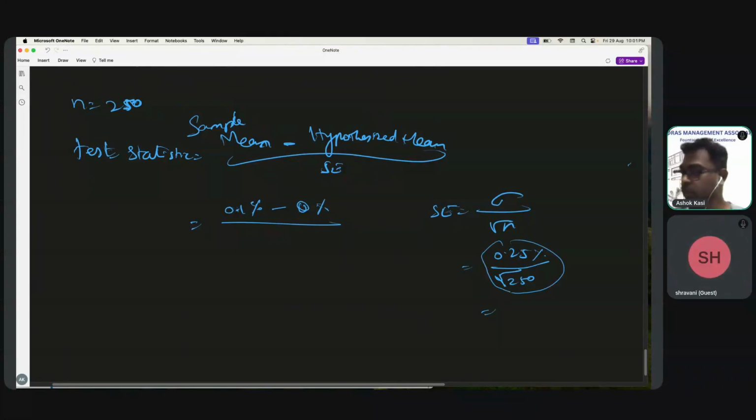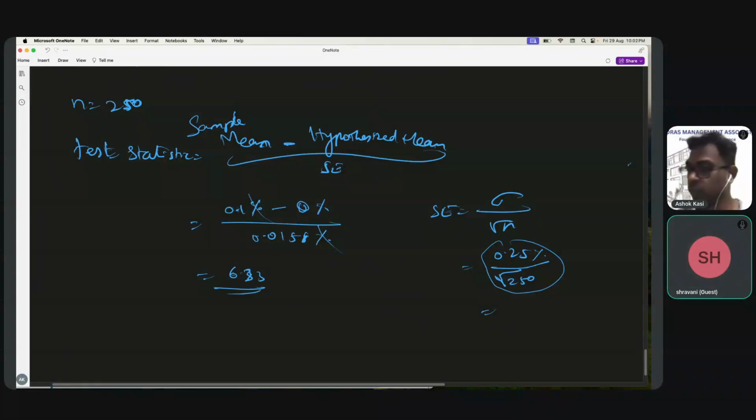Just calculate all this: 0.0158 percent. Percentage will get cancelled. 0.1 divided by 0.0158 is 6.33.